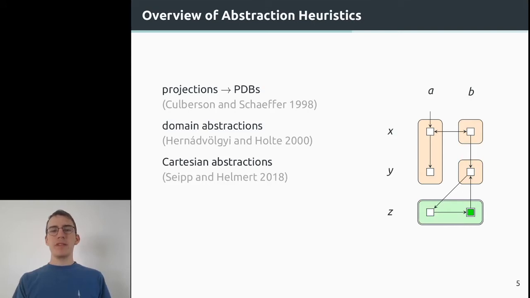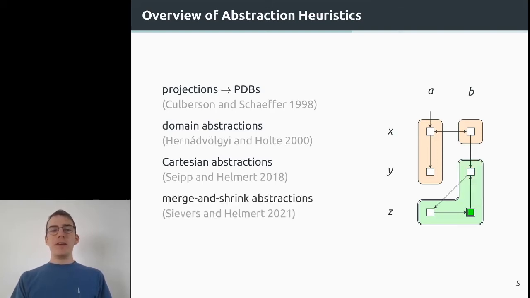Cartesian abstractions allow even more freedom because they allow us to distinguish values of a variable in some parts, but not in other parts. Finally, merge and shrink abstractions allow to combine states with each other that have absolutely nothing in common, which is the most general among these.